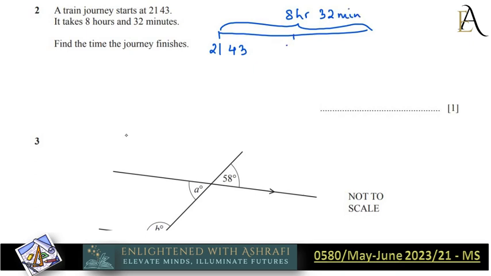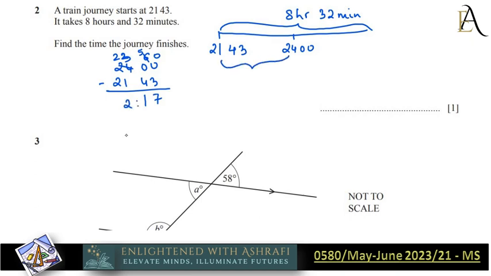Till 24:00, let's see how many hours. 24:00 minus 21:43, we'll take an hour over here, so this becomes 60, 65, 1, 7, 1, 2. So from here to here it is 2 hours 17 minutes.